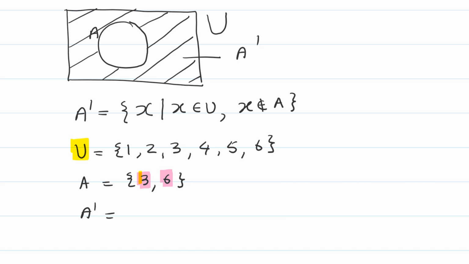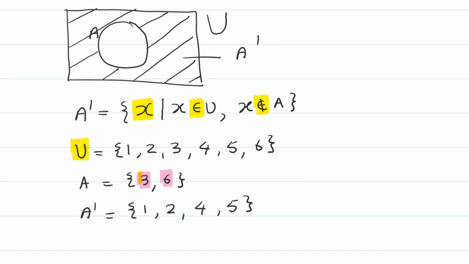So complement of A is 1, 2, 4 and 5. Note that set A and complement of A have no elements in common. So complement of A is set of all x such that x belongs to U and x does not belong to A.